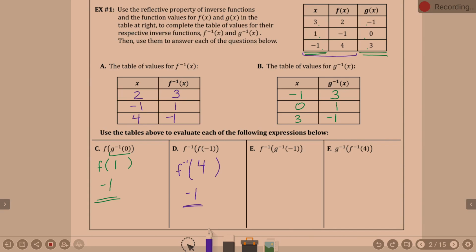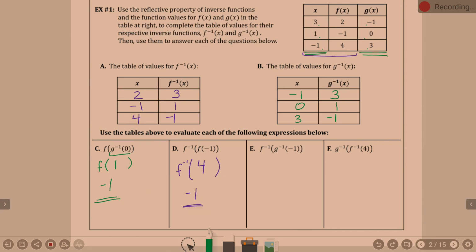Notice on that one, folks, what we just put together. A function f and its inverse. And what did it equal? It equaled its input, right? So just realize we basically just undid it there. It doesn't work with f and g because they're not the same function, but it does work there.